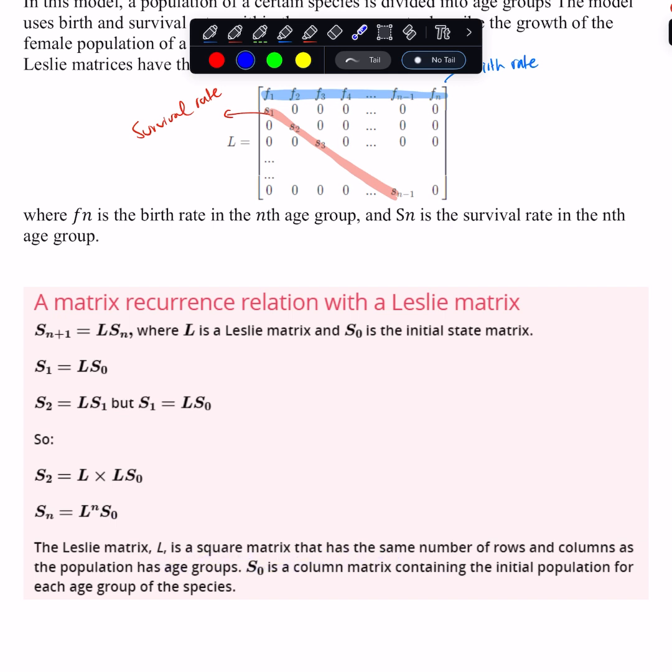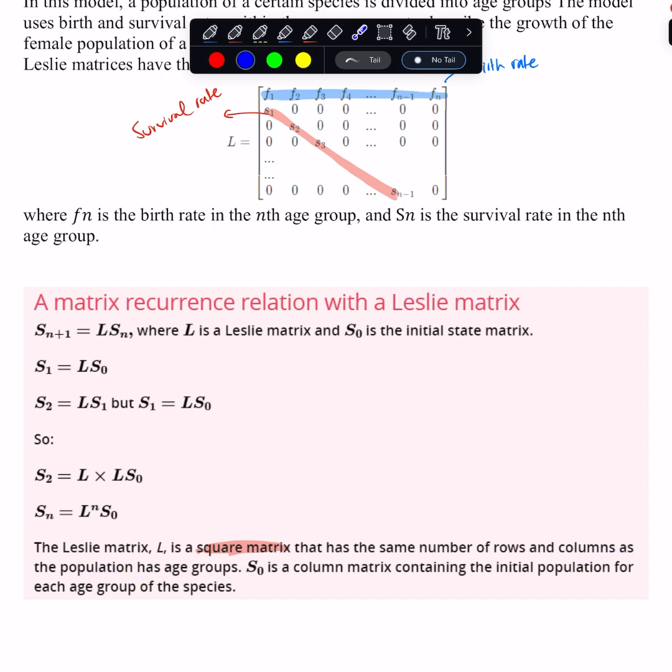Now, super important here, and I encourage you to highlight it: the Leslie matrix is a square matrix. Again, that's an important concept in our exam. It has the same number of rows and columns as the population has age groups.